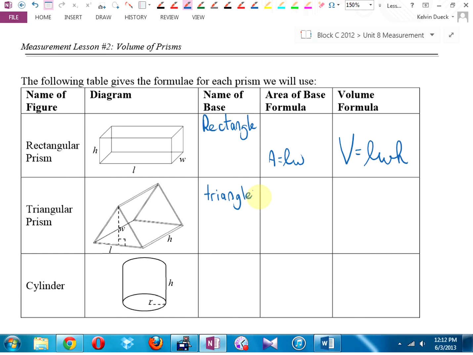Now, on your sheet, look up. That's the base and that's the height, but we also have a height here. So instead of base times height divided by 2, I'm going to say here it's length times width divided by 2 based on that picture there. Which means the volume is going to be length times width divided by 2 times height.